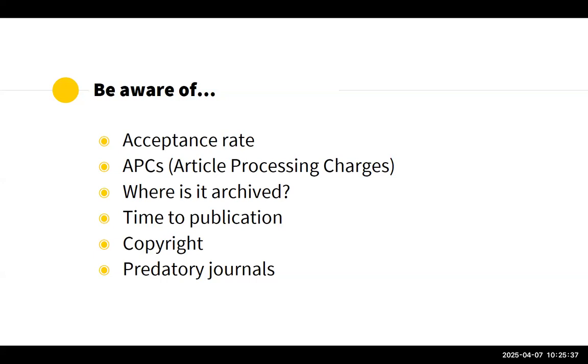And B, look for Retraction Watch. Or I believe you could search for retractions in PubMed. And that takes a look at journals that are not predatory, but kind of iffy. A lot of their stuff is getting retracted. So you may want to steer clear of that.